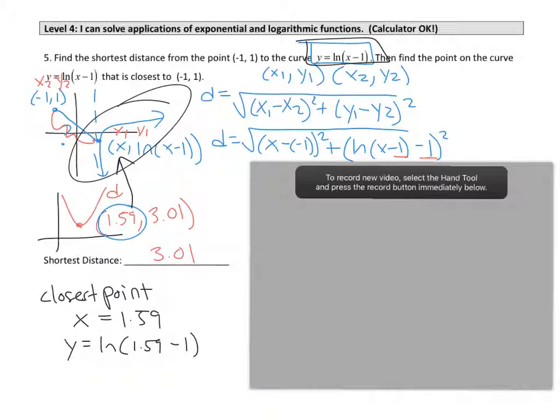Natural log of 1.59 minus 1, and I do Control Enter to get a decimal approximation, and I got about -0.53. So the closest point is going to be 1.59, -0.53. That's my mystery point on that graph.